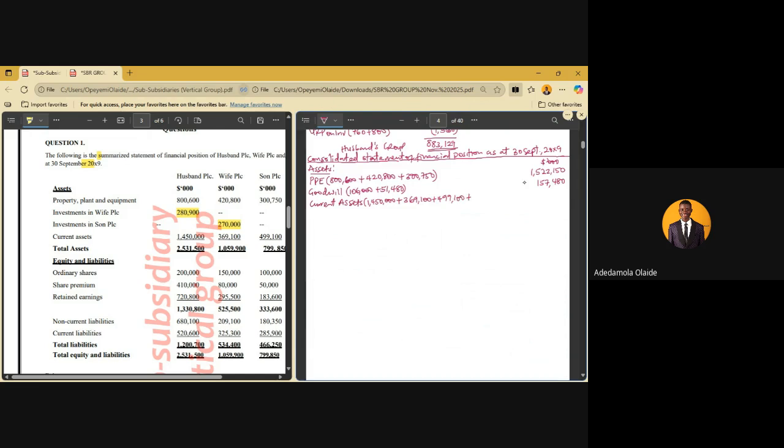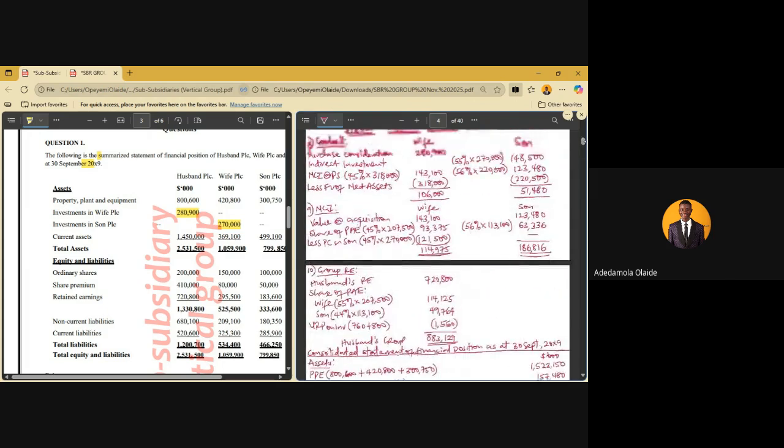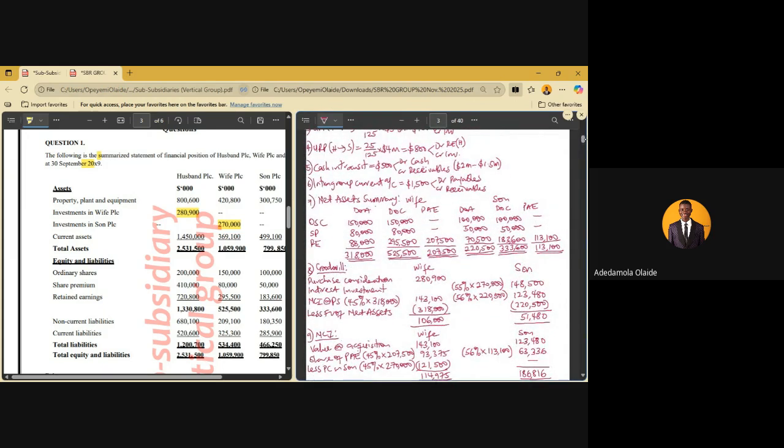Then we had the cash in transit. We said they should debit cash, so we'll add it to cash.